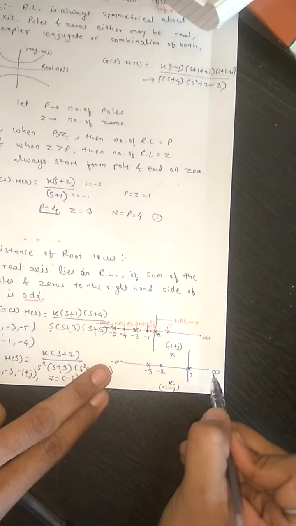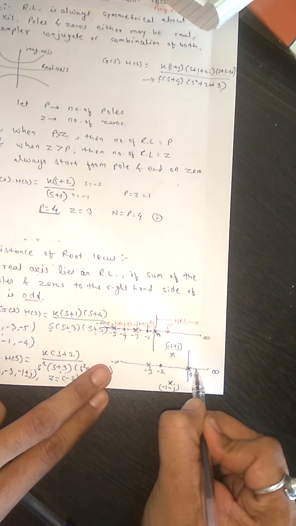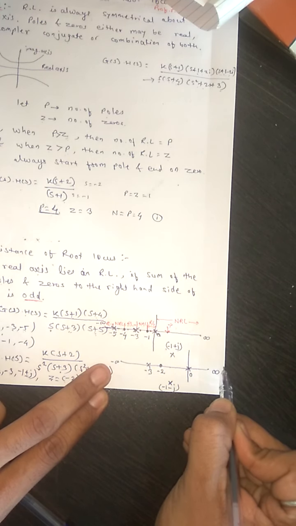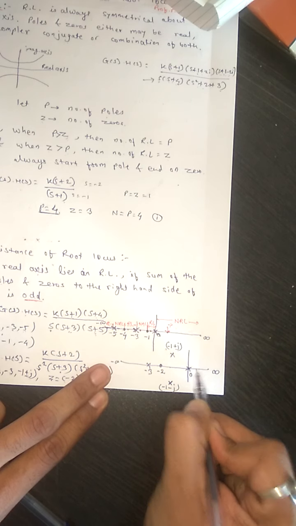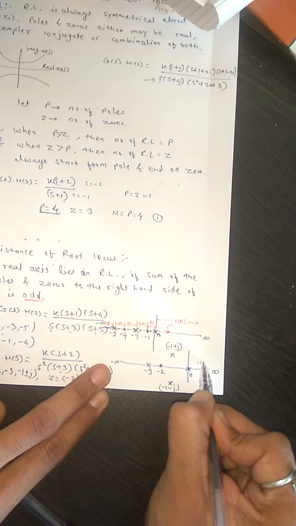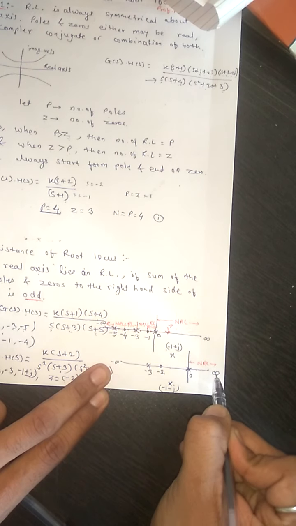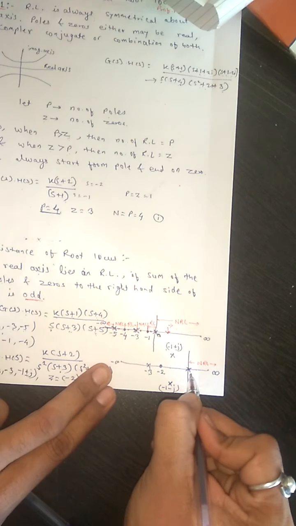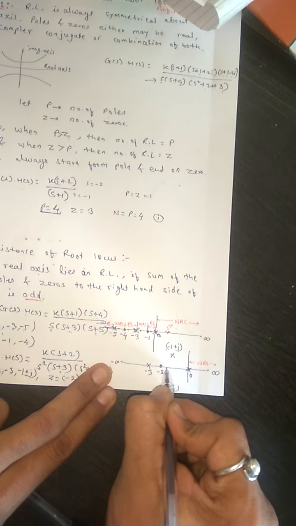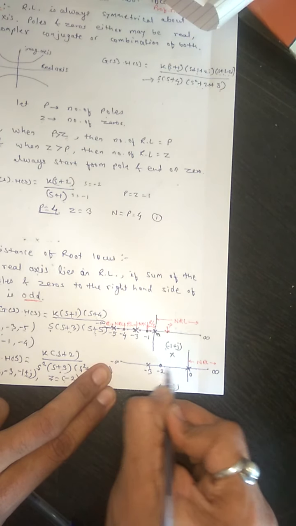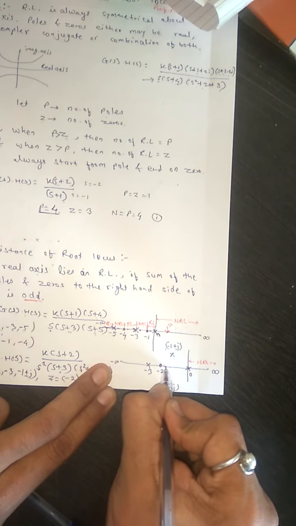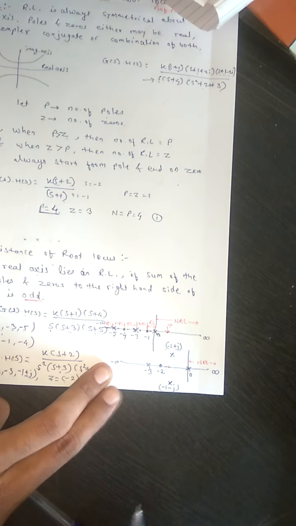So, checking the root locus region. In the first region you put one point and check on the right hand side. There is no pole and no zero present. So it is NRL, non root locus region, completely from infinity to 0. Then for the next region you can put a point here, here, or anywhere in this region. Suppose I put my point here and check on the right hand side.